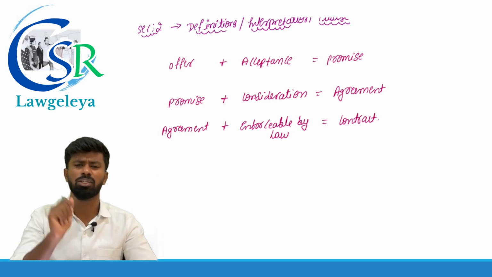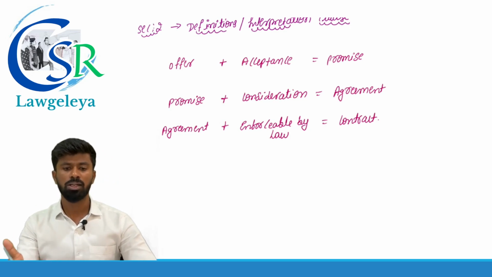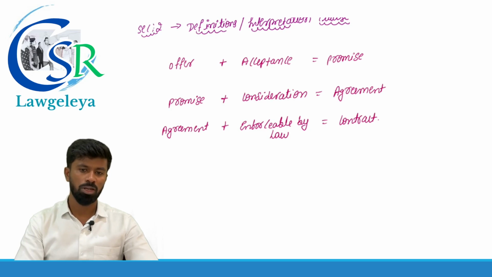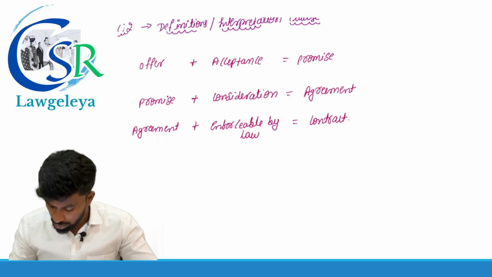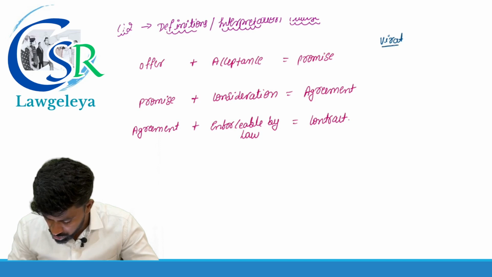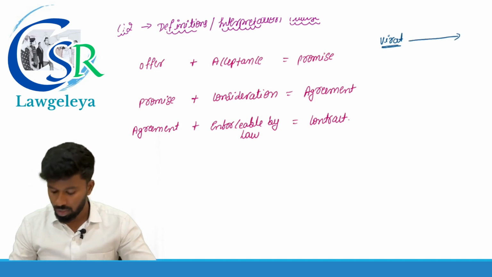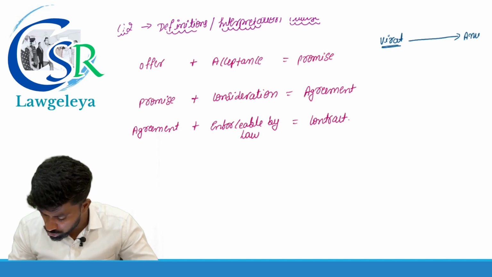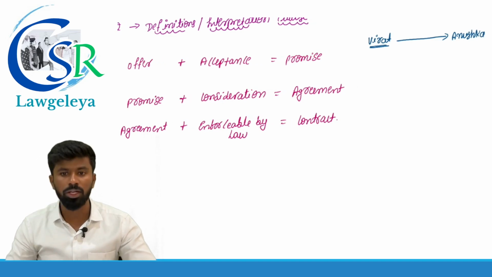So let's take an example. With the example, understand the concept of offer, acceptance, promise, consideration, agreement, and enforceability by law. Let's say there are two parties. Let's say we have Virat. There is one person by the name of Virat, and another person by the name of Anushka. So there are two individuals here.